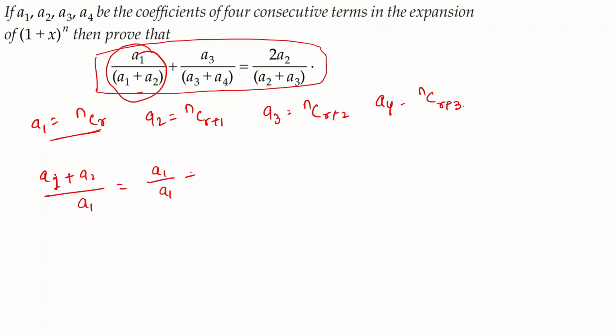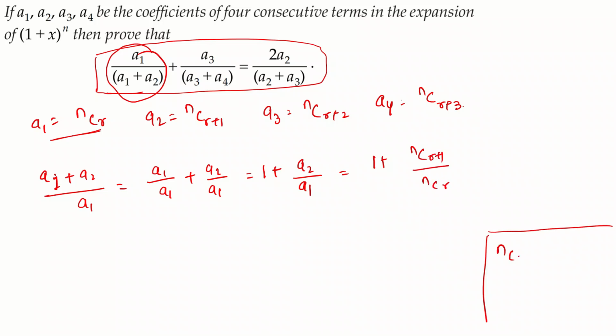A1 plus A2 by A1. A1 gets cancelled out, so we have 1 plus A2 by A1. Now we put down the values of A2 and A1. A2 is n C r plus 1 and A1 is n C r. Now remember that in the binomial theorem we have learned a particular formula. The formula was n C r divided by n C r minus 1 is n minus r plus 1 divided by r.